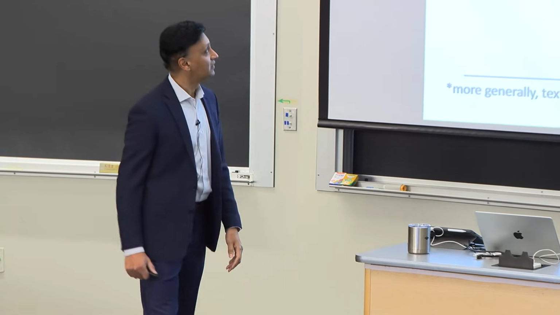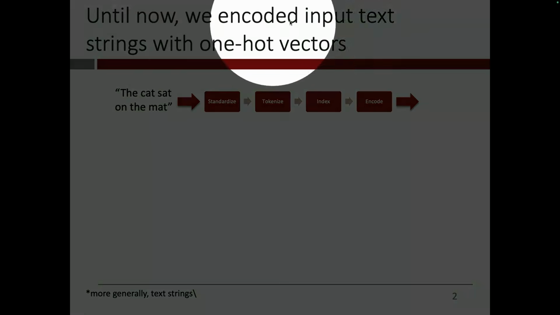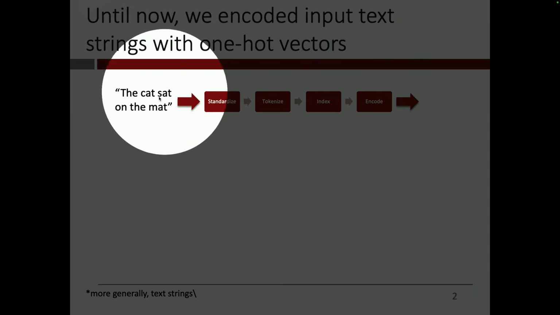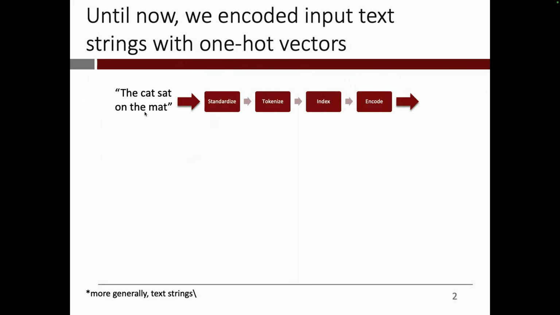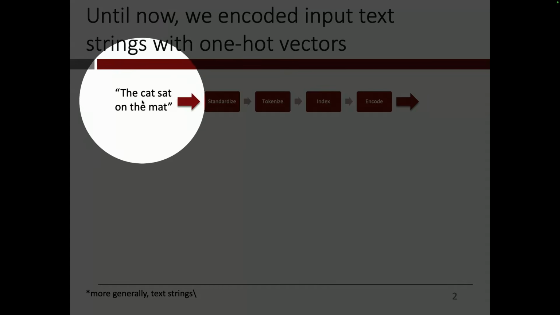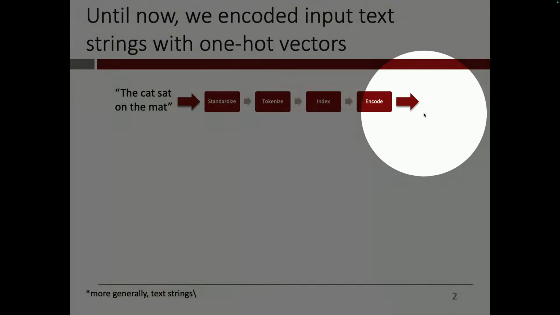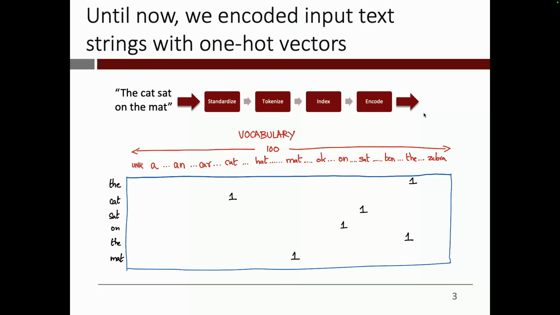So far we have encoded input text with one-hot vectors. Just to refresh your memories from Monday, if this is the phrase that's coming into the system, we run it through the STIE process. First we standardize, then we split on white space to get individual words, then we assign words to integers, and then we take each integer and create a one-hot version of that integer.